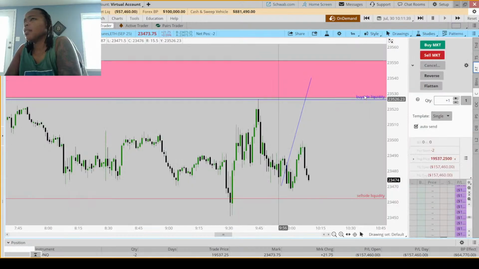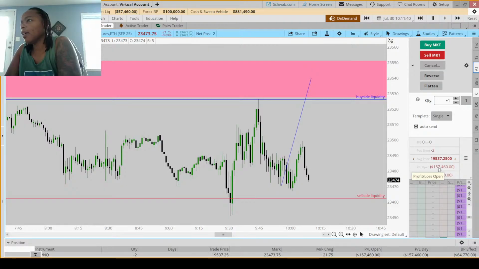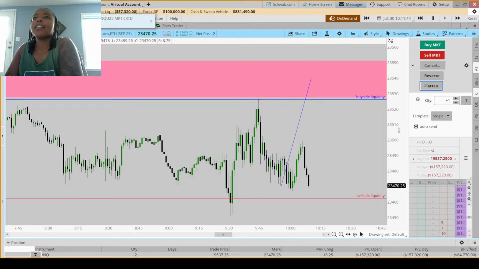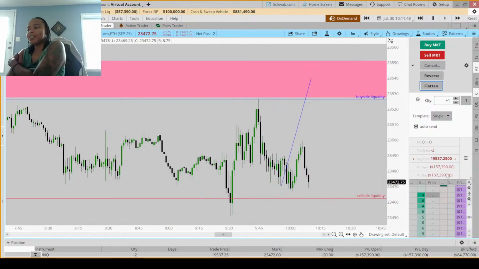Wait, what the hell? Why is there open P&L on this? Flatten. What the hell? Did you see that? When did that happen? That's so crazy.